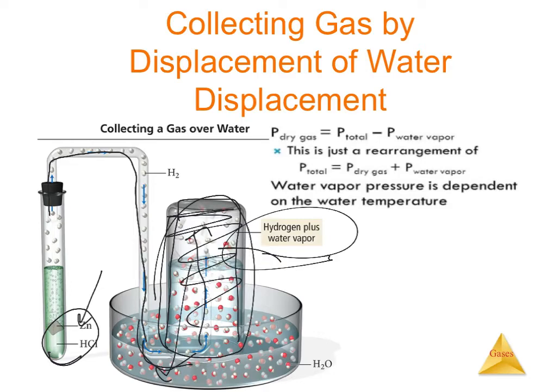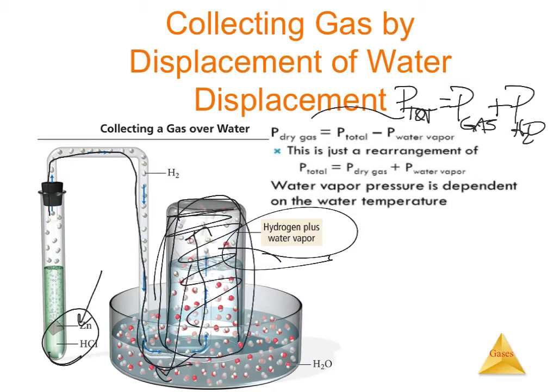And so if you're trying to get properties of the gas or purify it, you've got to account for the water vapor. So using Dalton's law again, we could say, okay, as always, the total pressure is equal to the pressure of the gas we collected, in this case hydrogen, plus the partial pressure of water vapor gas that has contaminated it.